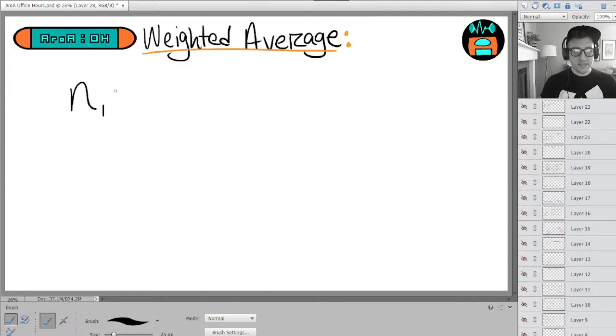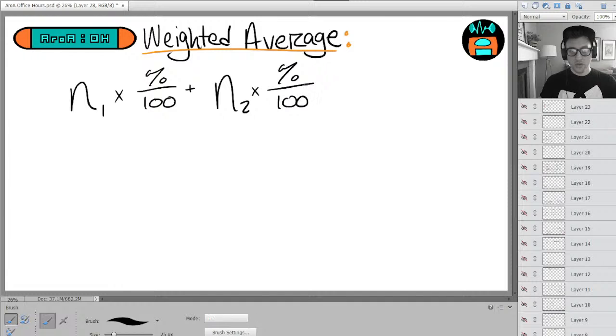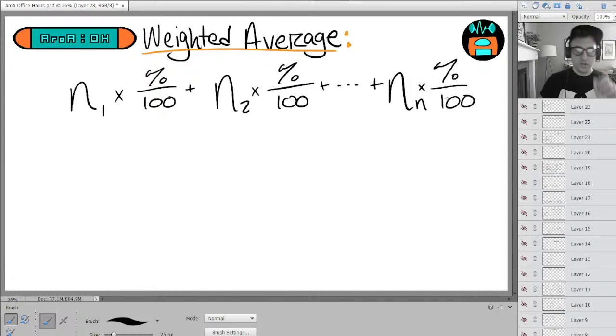So like the first mass, you multiply it by its percent abundance over 100, and then you add the next mass, the next number, times its percent over 100 plus... however many isotopes you have, right? So I'm going to go to the nth because this could be any number of them, times its percent abundance over 100.